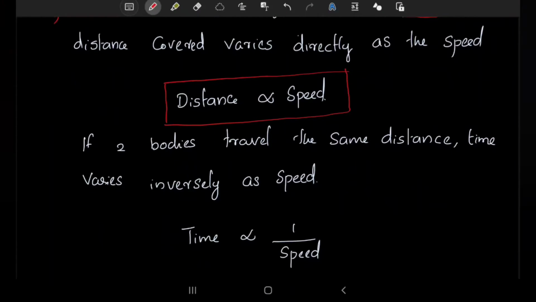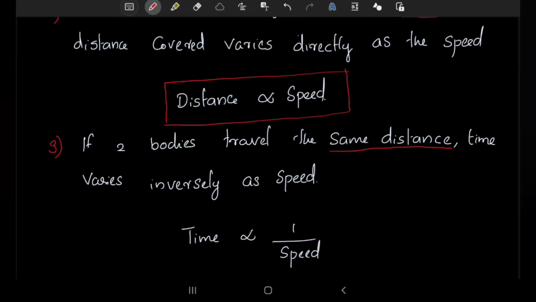The third point: if two bodies cover the same distance, then as the time required increases, the speed is less.